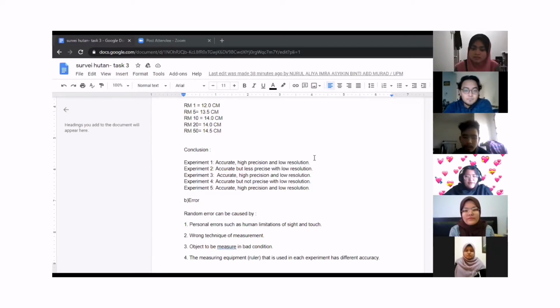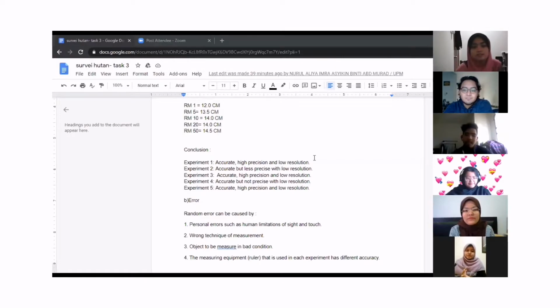For the second experiment, it is accurate but less precise and has a low resolution. Experiment 3 is accurate, with high precision and low resolution. Next I pass to Fatin Zulfa.